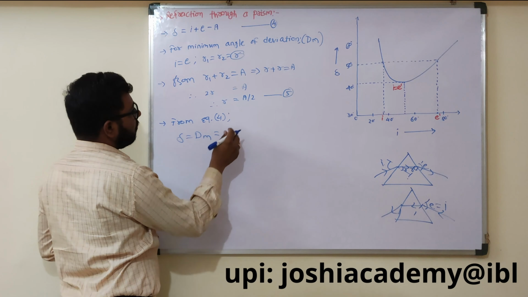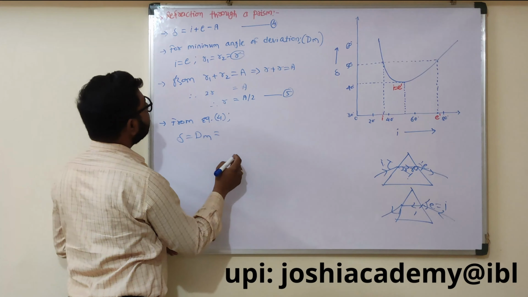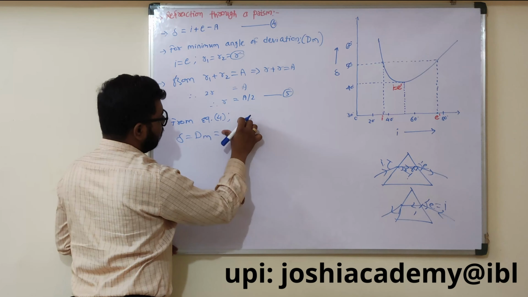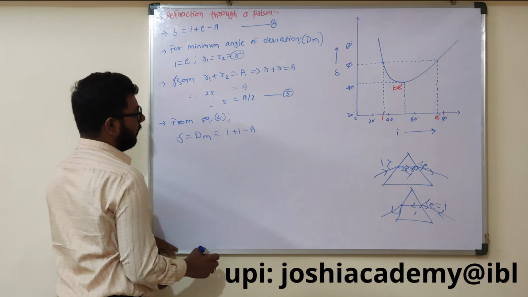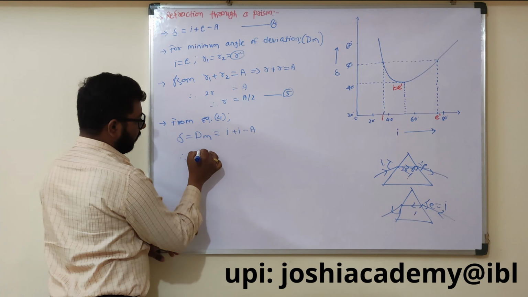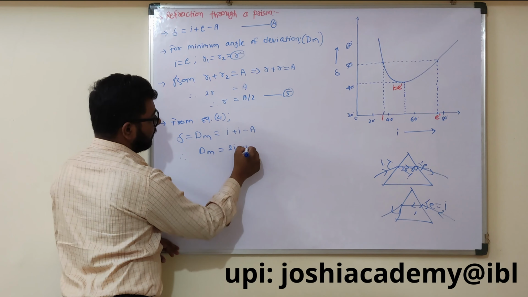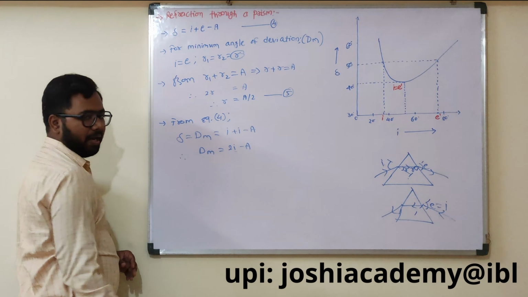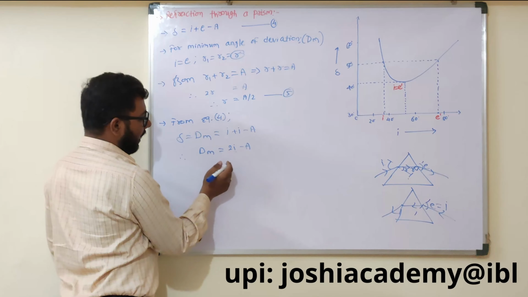Now Dm is equal to, let us substitute this condition over here, I plus I minus A. Therefore Dm is equal to 2I minus A. Now I want the angle of incidence, so let me make I the subject.